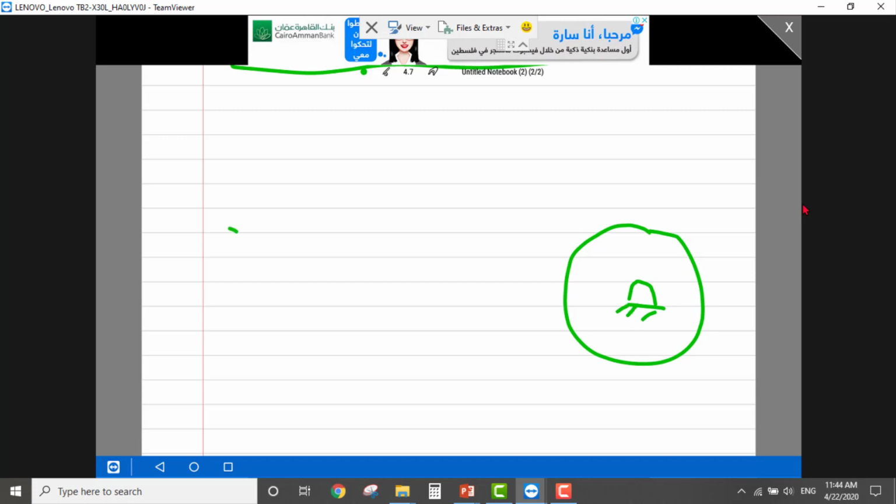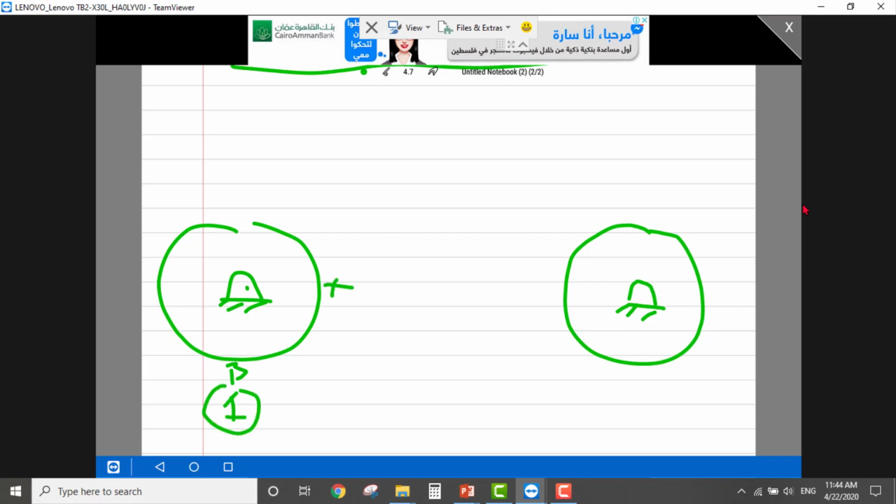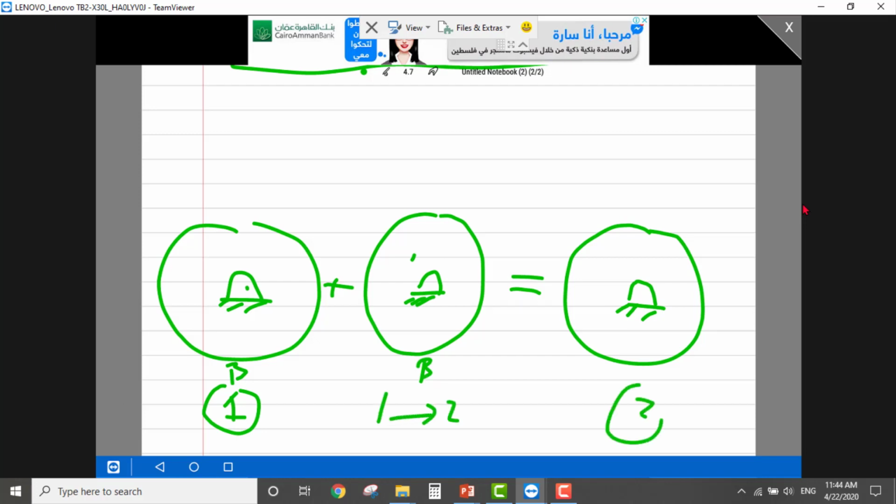Let me start from here. So this is gear B at state 1, plus process 1 to 2. This is gear B, this is process 1 to 2, and here we have state 2.